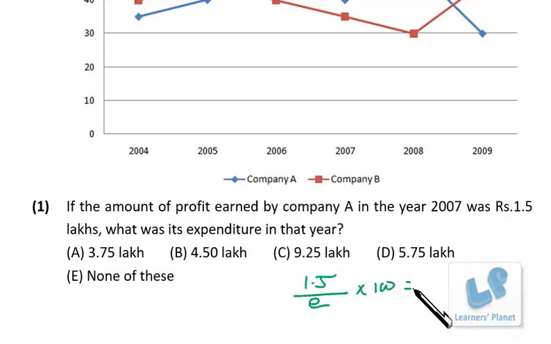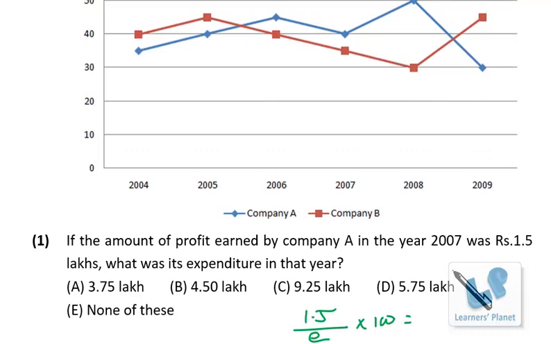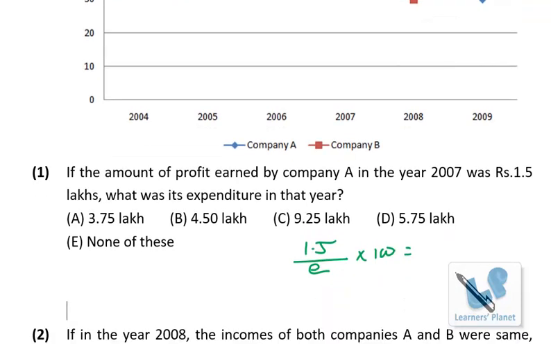Into 100 is basically 40%, that is the profit percent of company A in the year 2007, which can be seen from here, right? So that is 40%. So expenditure will be 15 by 4 lakh. Okay.